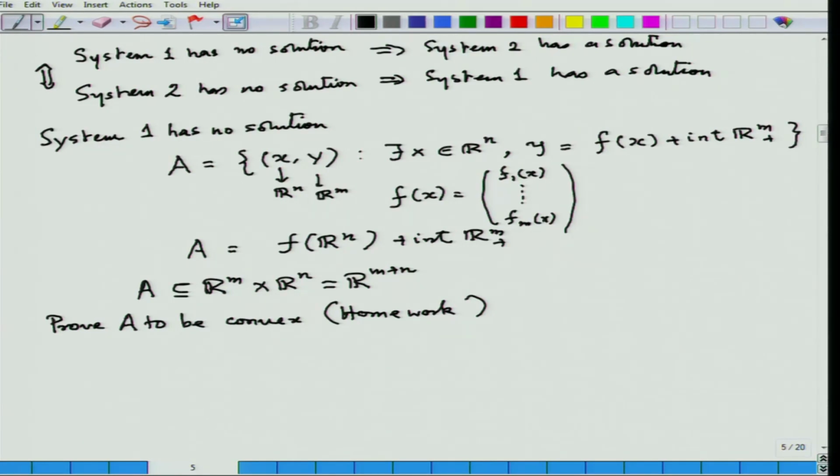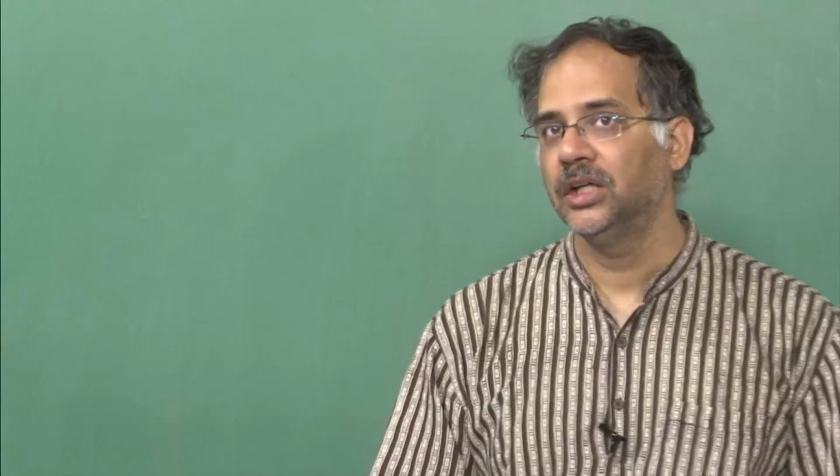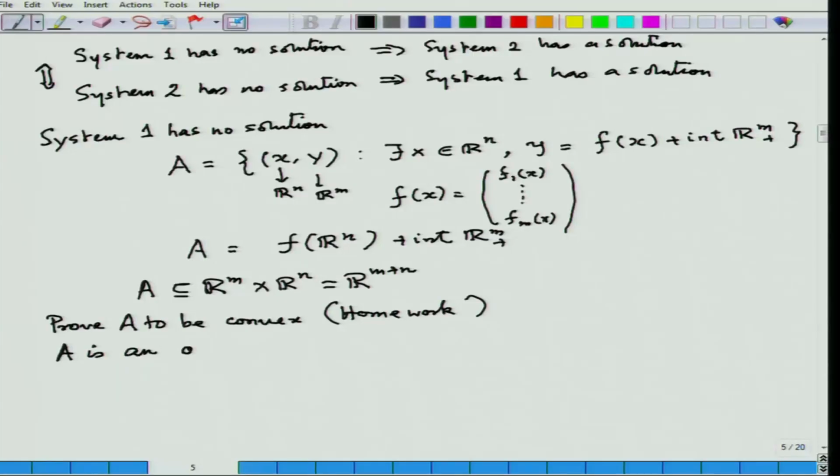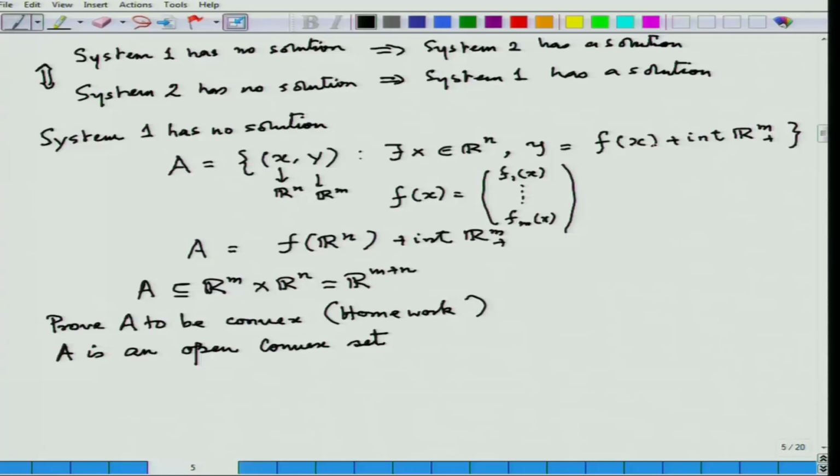Once you prove this, you have to observe another fact: A is an open convex set, not a closed convex set, because we are talking about the interior of Rm plus. Basically, if you take this interior of Rm plus and construct a set like f of x plus interior of Rm plus, then you have translated an open set, making f of x the origin. So, this would remain an open set.